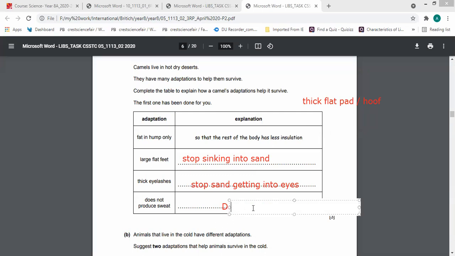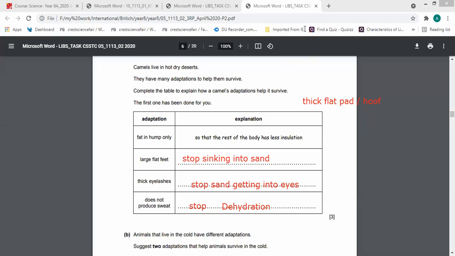Yes, stop dehydration. It's more accurate, right? I will write it. Stop dehydration. And we can say stop losing water, much of water. All of this is correct. Okay.